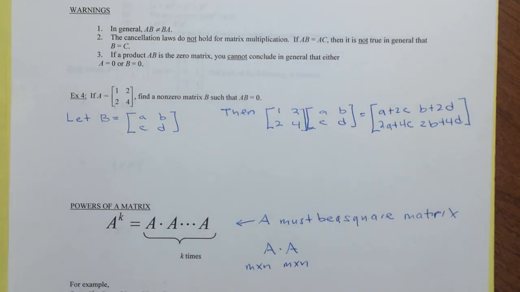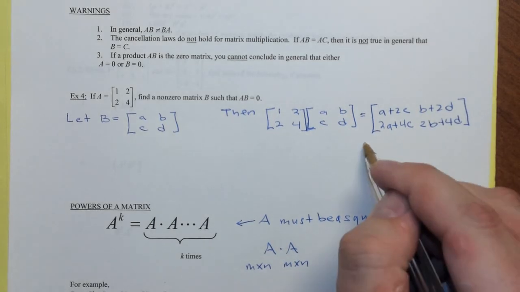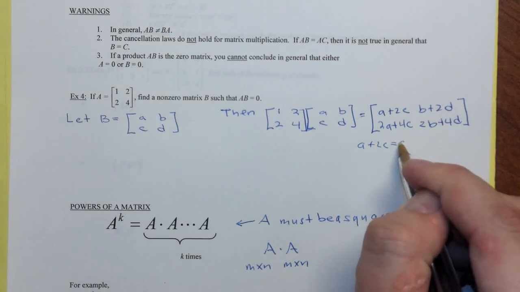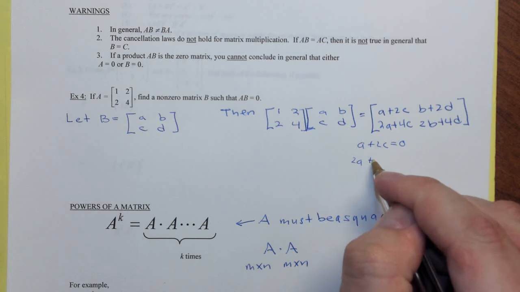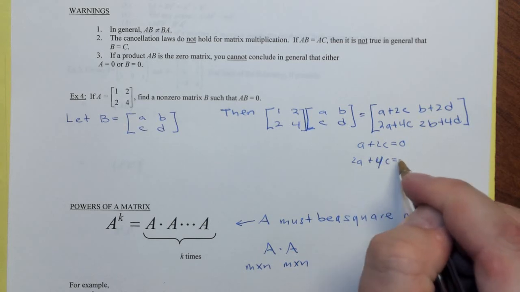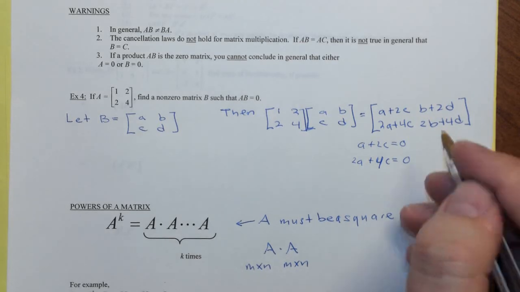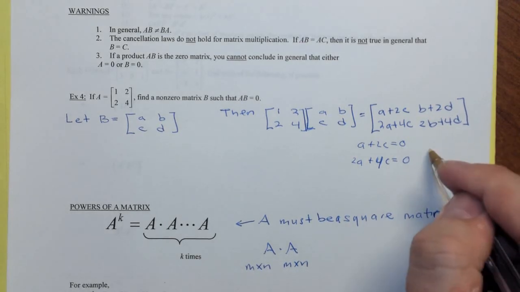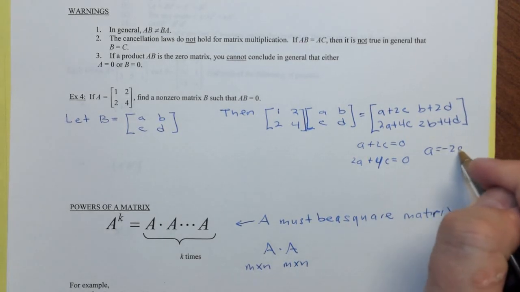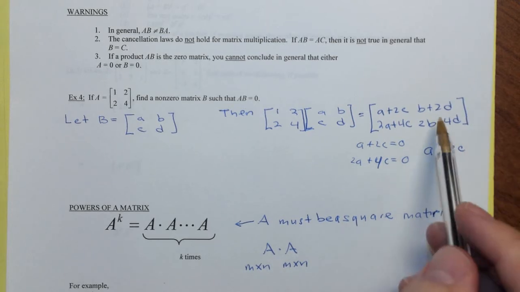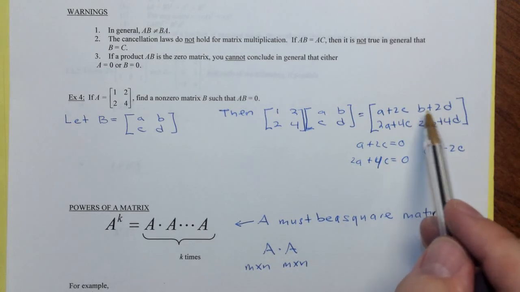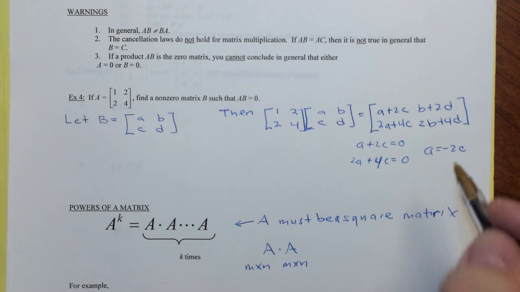Now if I want each of those things to be 0, a plus 2c equals 0, 2a plus 4c equals 0. Well, both of those are true when a equals negative 2 times c. Similarly, over here, b would have to equal negative 2 times d.